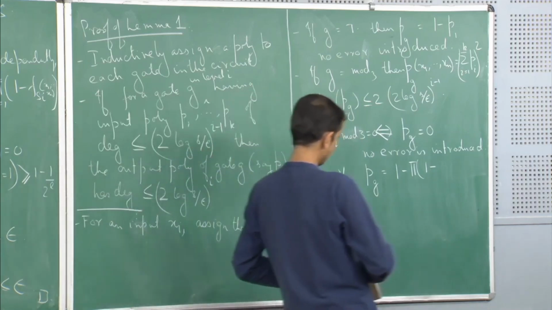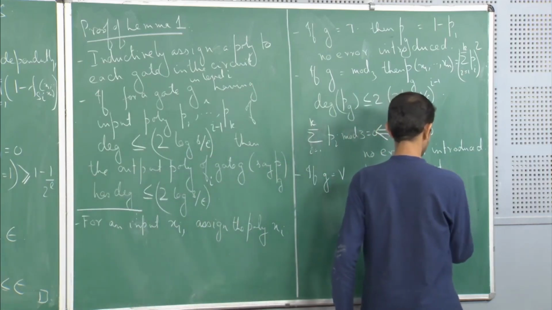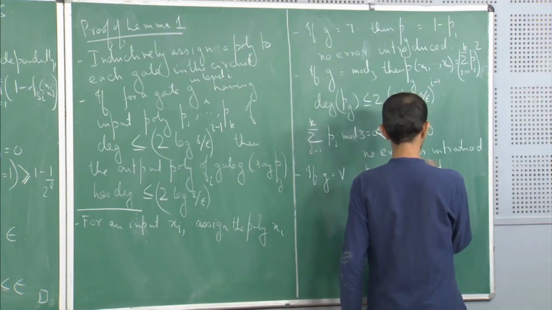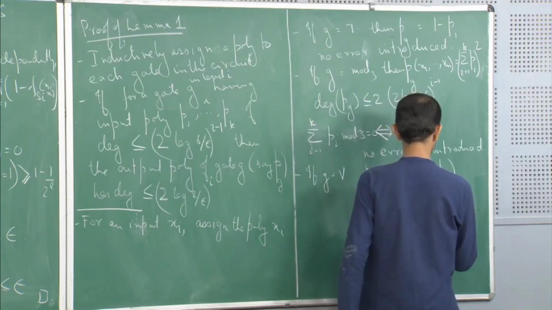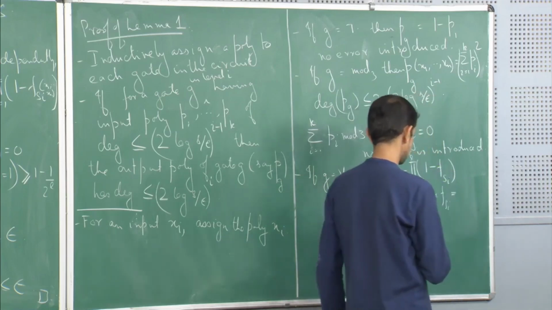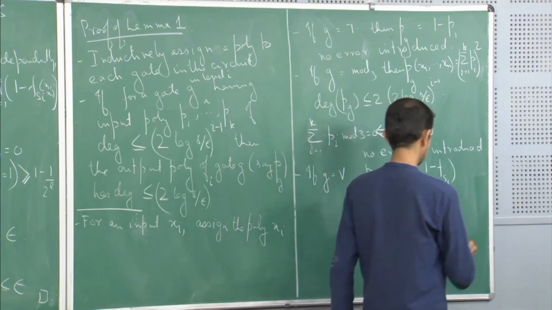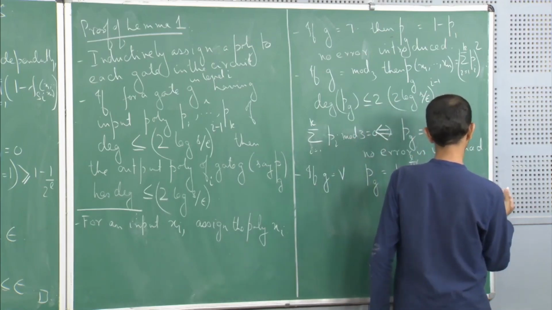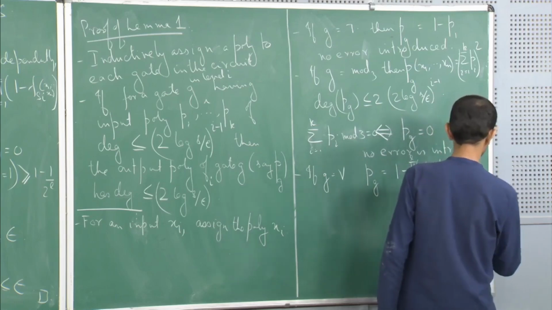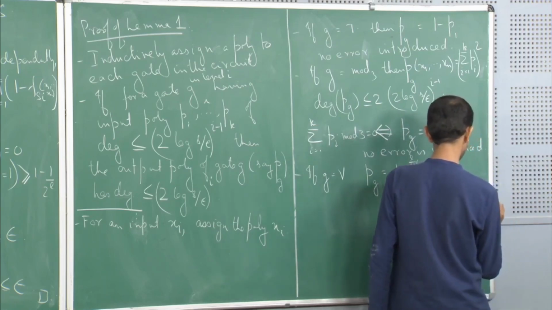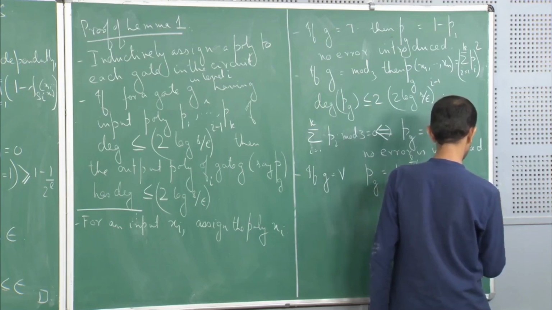So, it is the product over i going from 1 up to L of 1 minus f of s_i, where f of s_i is basically sigma Pj, where j is chosen from S.